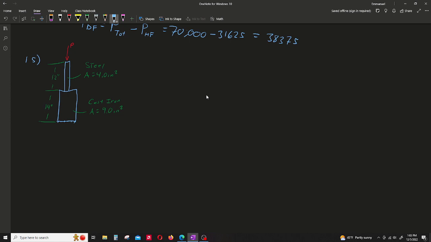I think the only additional thing that we may need is our E values, which I already have. E for the steel is 30, and then E for the cast iron is 15.